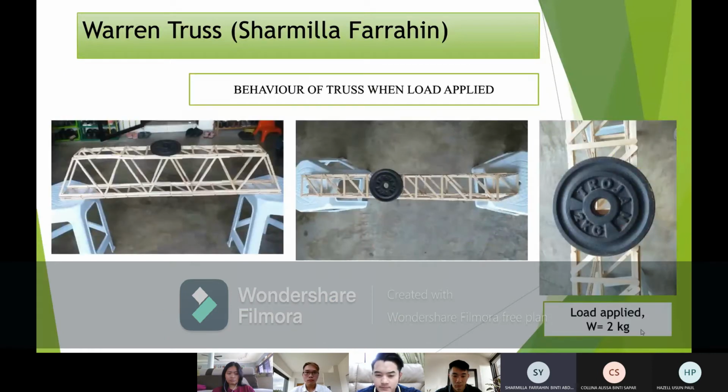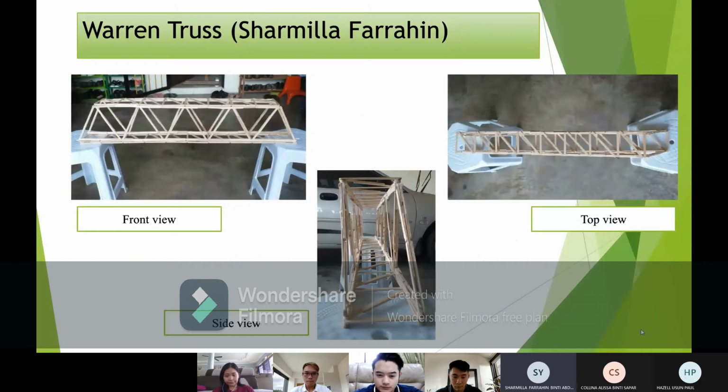This slide shows the front view of my Warren bridge, followed by the side view and top view of my bridge.